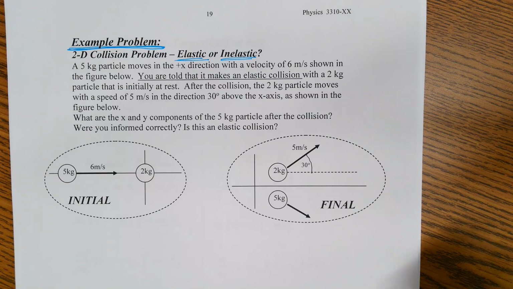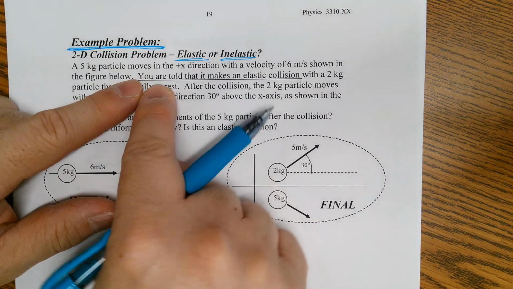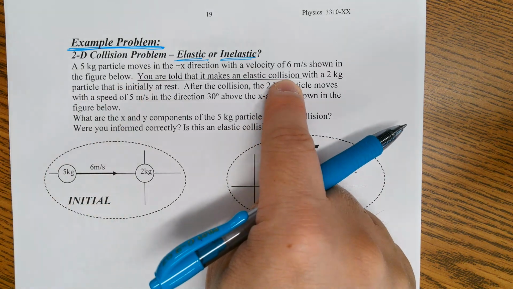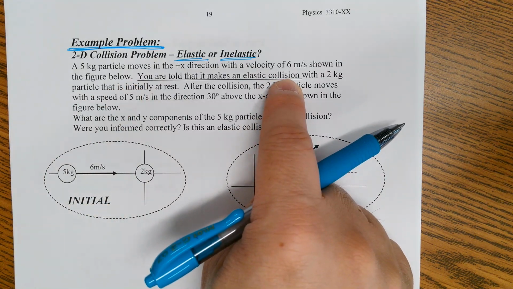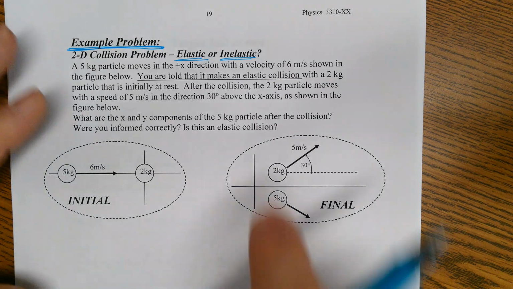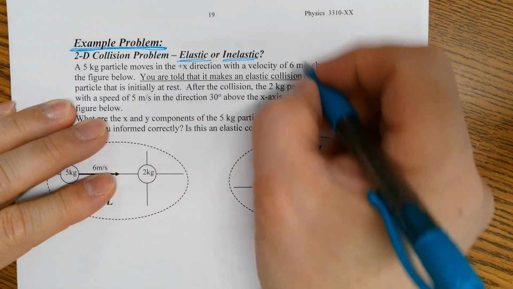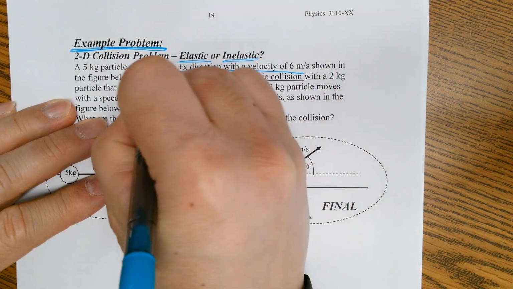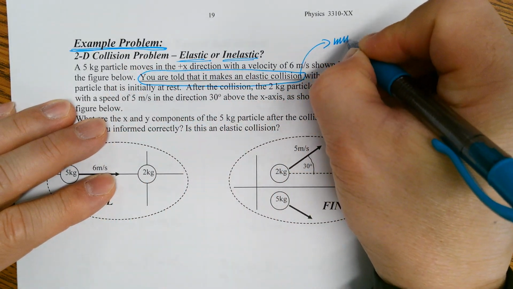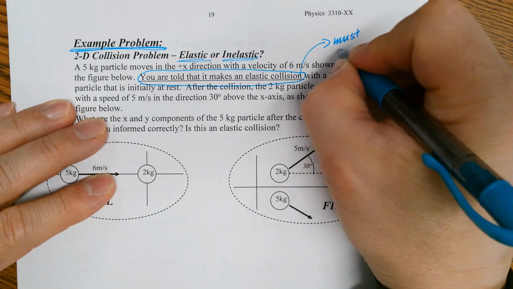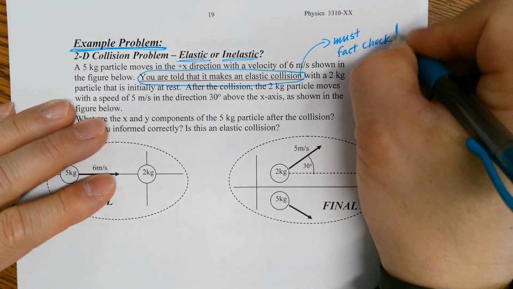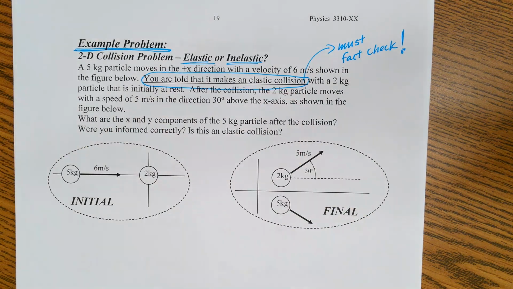We don't know. You're only told that it makes an elastic collision. But we have to fact check this scientifically. We don't know if it's true or not. We're just told that. Okay?